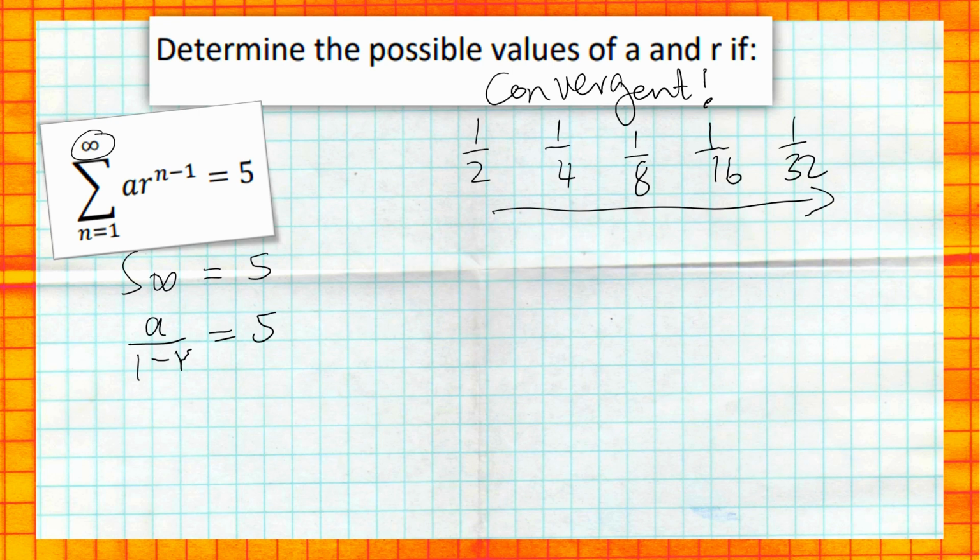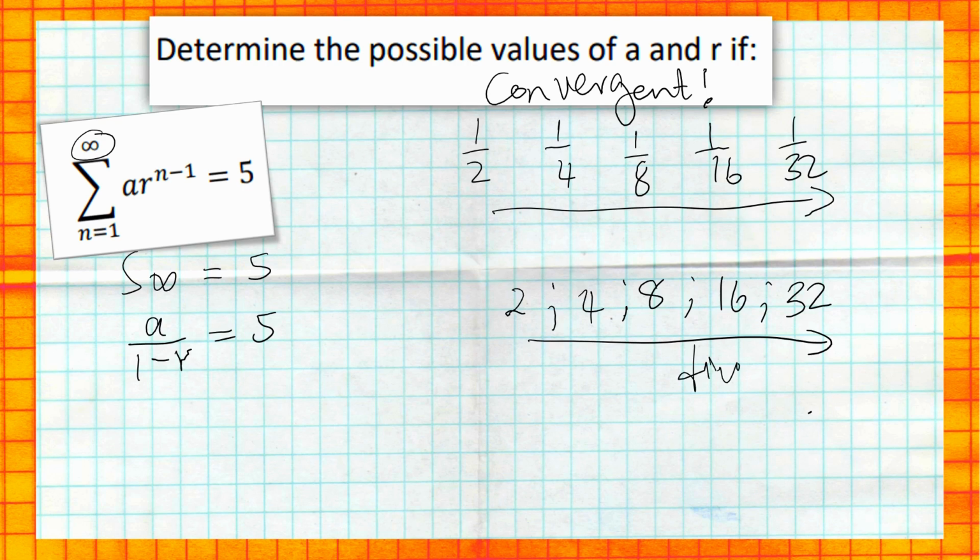Hence, only on a convergent series will we be able to get the sum to infinity. If it's diverging, like a sequence like 2, 4, 8, 16, 32, can you see this one is increasing over time? We call it divergent.